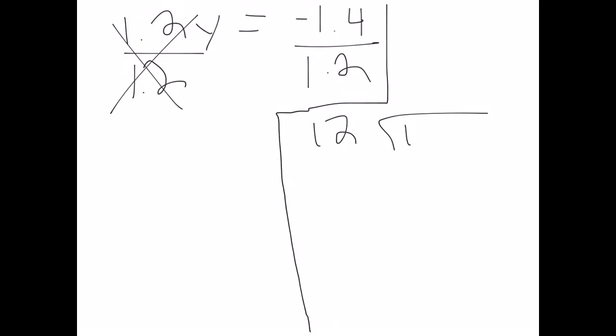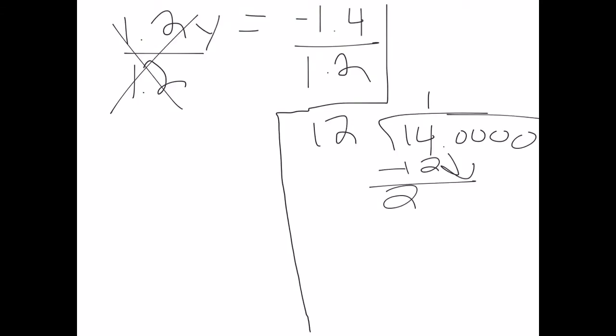We're going to add a couple of zeros because this is not going to go in evenly. 12 goes into 14 once. 12 times 1 is 12. Subtract that, you get 2. Bring down the 0. 12 goes into 20 once, and 1 times 12 is 12. Subtract that, and you get 8. Bring down the 0.